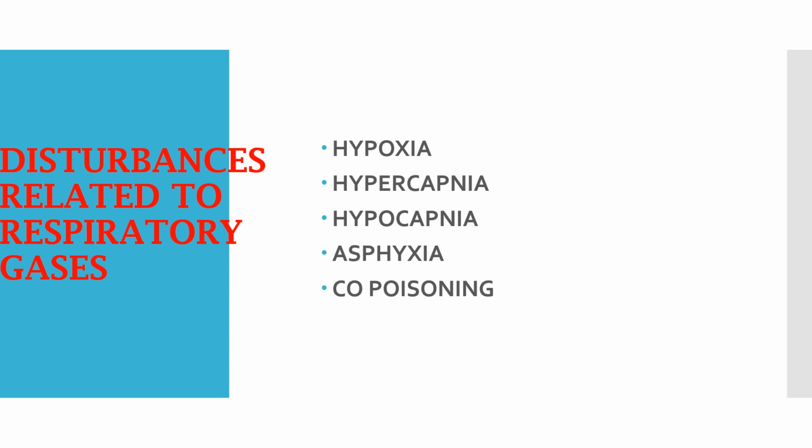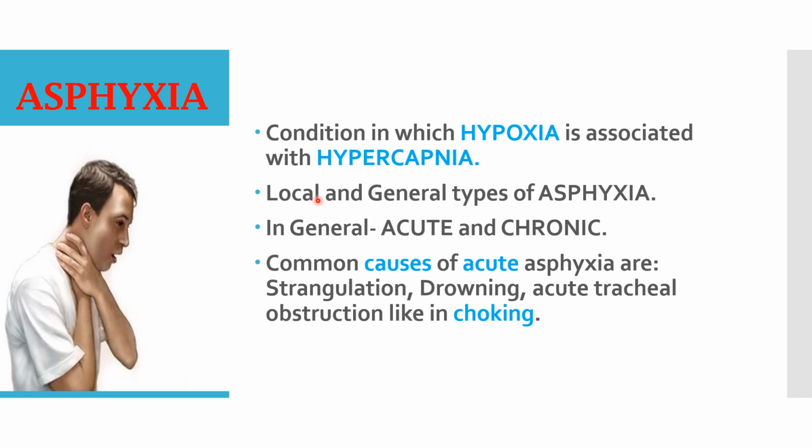Next we will see a little more about asphyxia. What is asphyxia? It is a condition in which hypoxia is associated with hypercapnia. So both are present: decreased PO2 and increased PCO2. There are two types of asphyxia, local and general. In general, again, there are acute and chronic types.